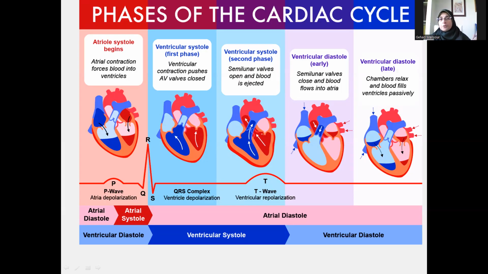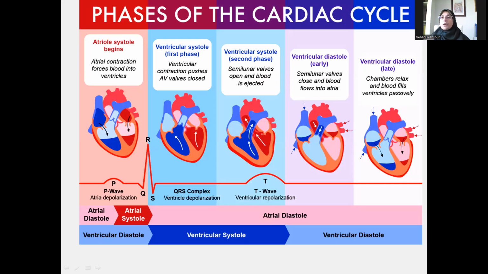You just have to know that the P wave, for example, which is atrial depolarization, occurs a fraction of a second before atrial contraction, and that the QRS complex, which represents spread of the wave of depolarization over the ventricles, occurs just before ventricular contraction.